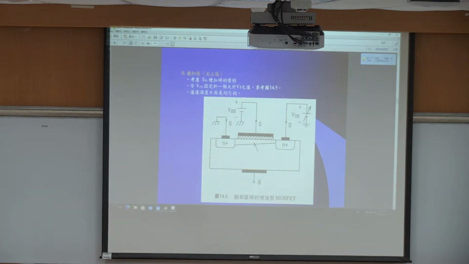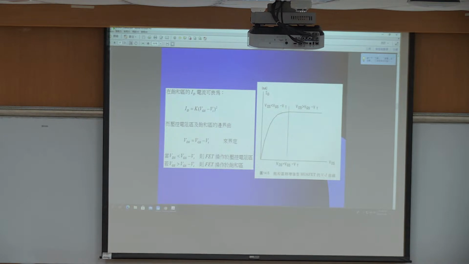If we increase VDS larger and larger, the device will turn into the saturation region, and there is a pretty big difference from the figure we saw before. The channel depth near the drain side is shallower, and it is not a uniform channel layer shape, which makes the current different from the triode region.